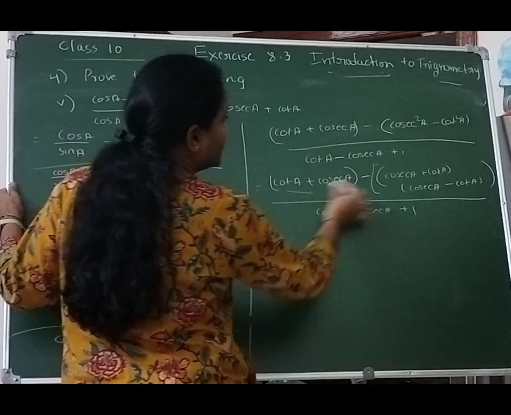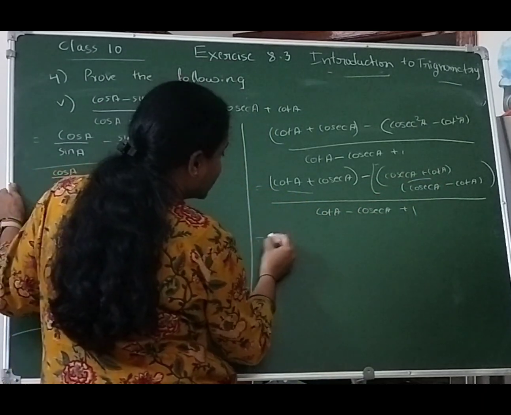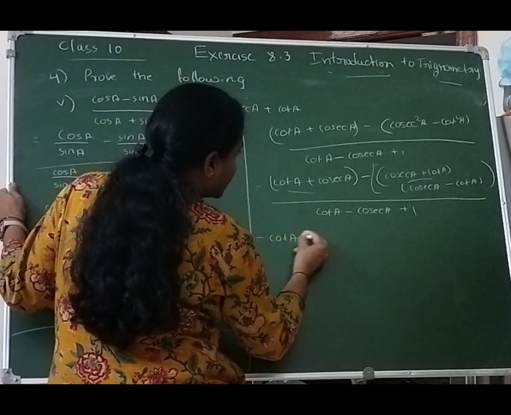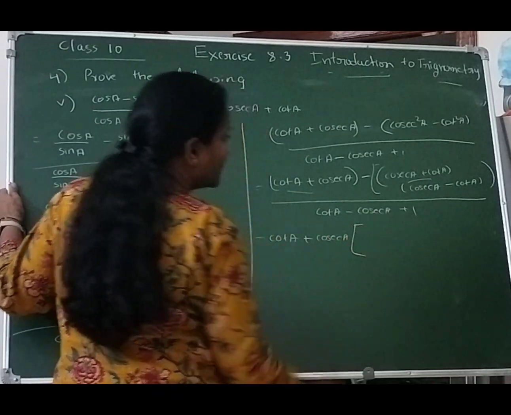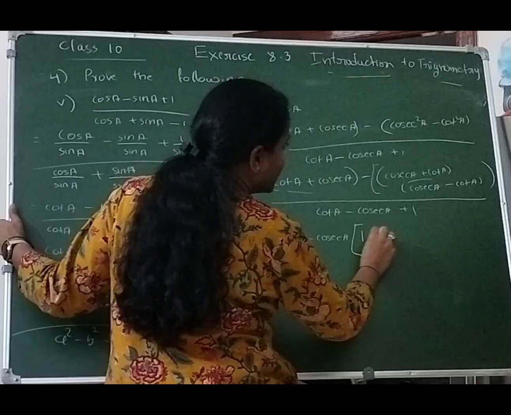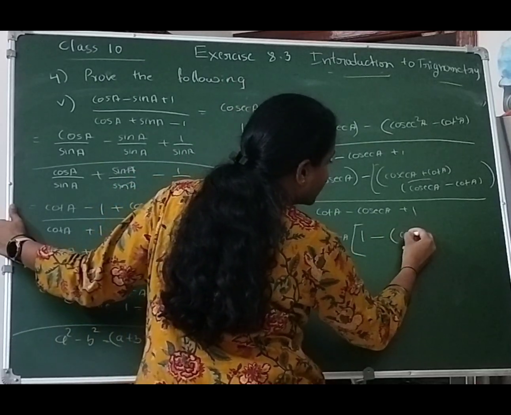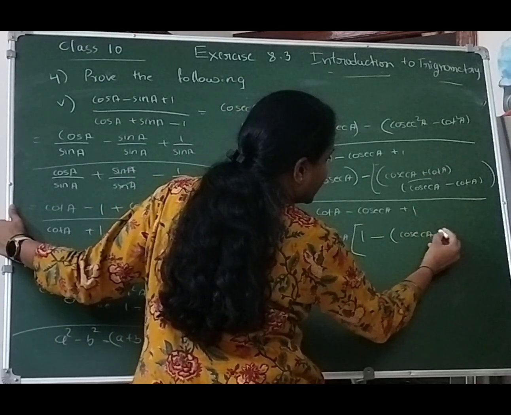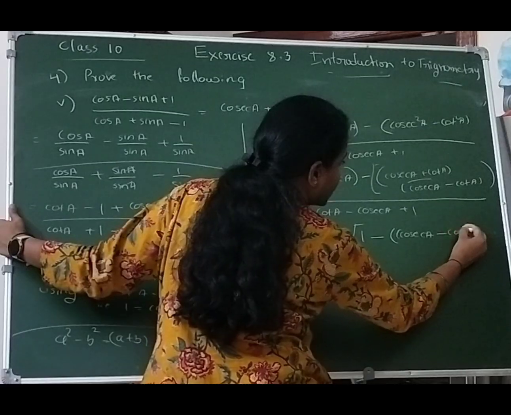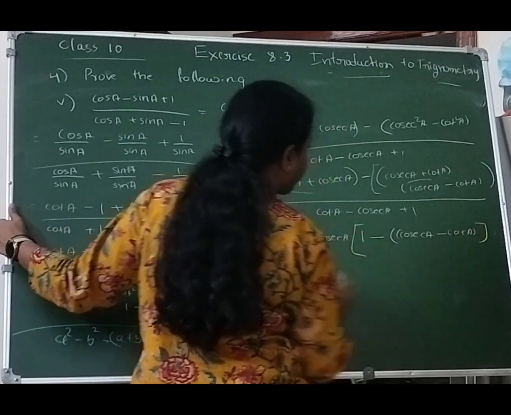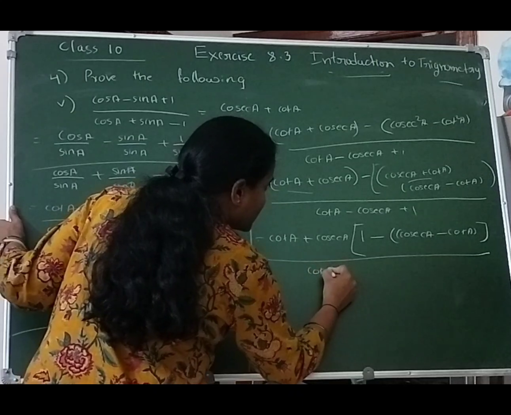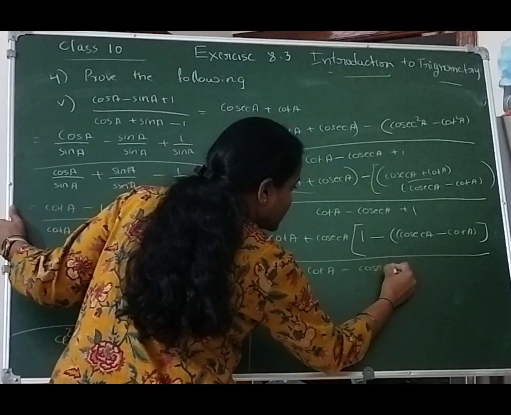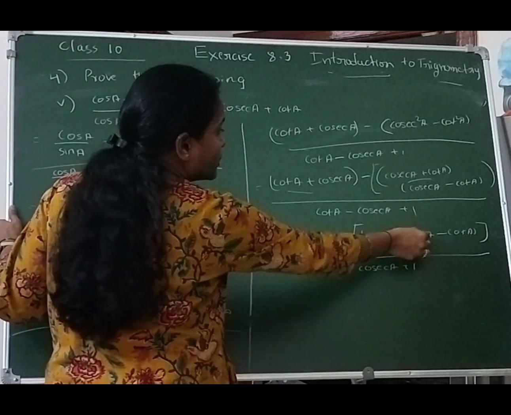So you can observe here that cosec A + cot A is common. We'll take it outside. So we'll get cot A + cosec A by taking it outside. So it will reduce to 1 − (cosec A − cot A), whole divided by cot A − cosec A + 1.